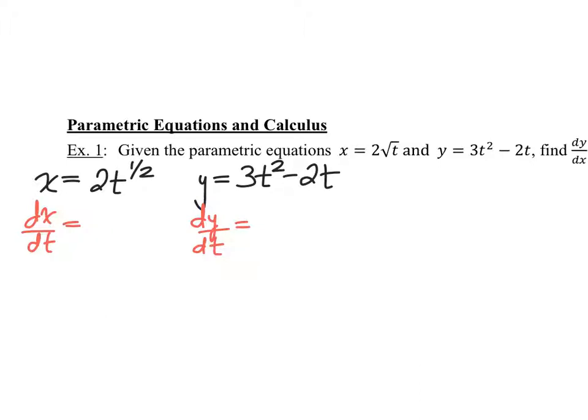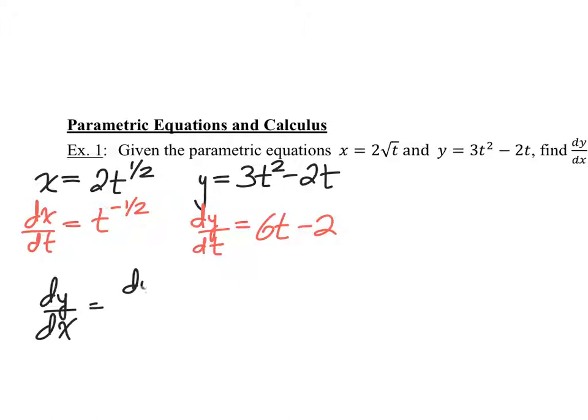All right. So the first derivative of 2t to the 1/2 would be what? t to the negative 1/2. All right, and what about 3t squared minus 2t? 6t minus 2. Exactly.